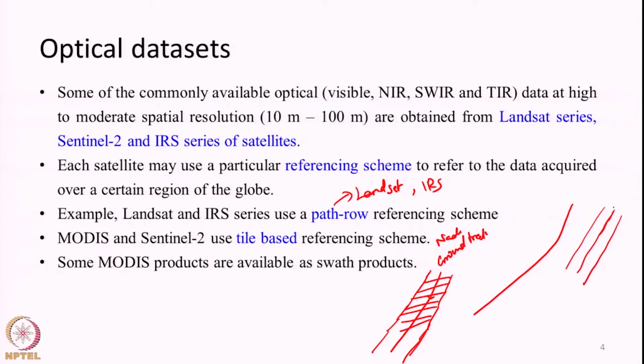Like I told you, after a certain number of orbits the ground track will repeat. So, essentially there can be a unique number for each orbit, orbit 1, orbit 2, orbit 3 and so on. Let us say after 16 days orbit 1 repeats. Within the 16 days it will start from orbit 1, and it may end in, say, orbit 233 or orbit 255 and so on. There can be that many unique orbits to cover the entire globe.